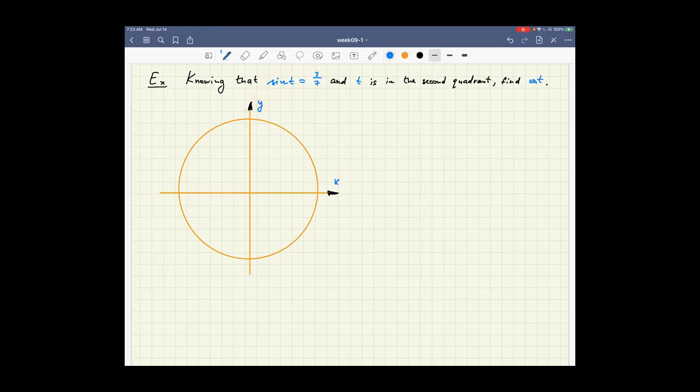It means that the point that corresponds to t on the unit circle has y coordinate 3/7.